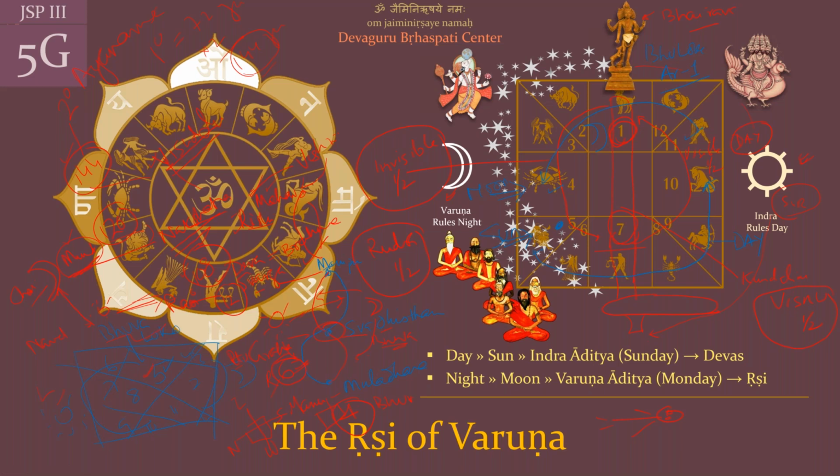If the rishis are night related, they are moon related, but moon is also blood. So therefore our blood is connected to the rishis, not to the devatas. We are not children of the devatas. We are children of the rishis.